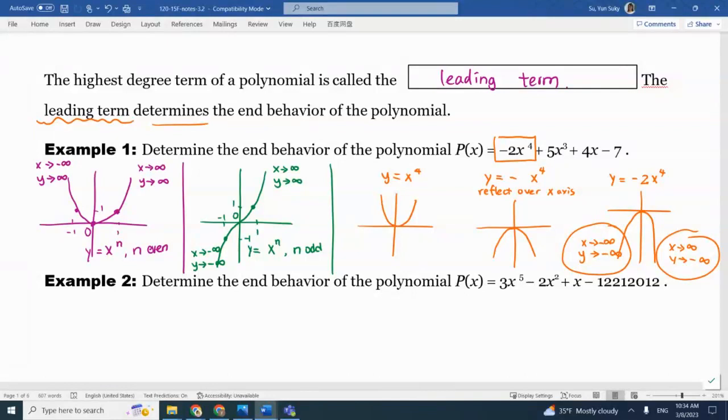Okay, let's draw it together. Maybe the last example is better to put some key points. The key points are 0, 0, 1, 1, and minus 1, 1, right? And when you flip it over, you get 0, 0, and then you get 1, minus 1, and negative 1, negative 1.